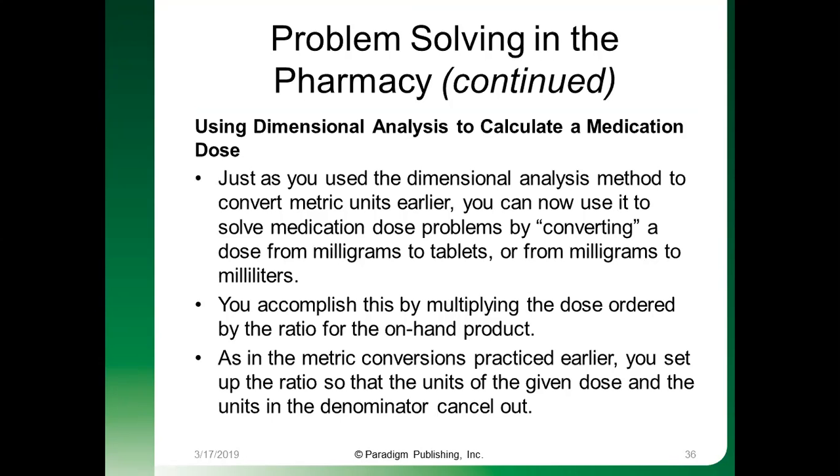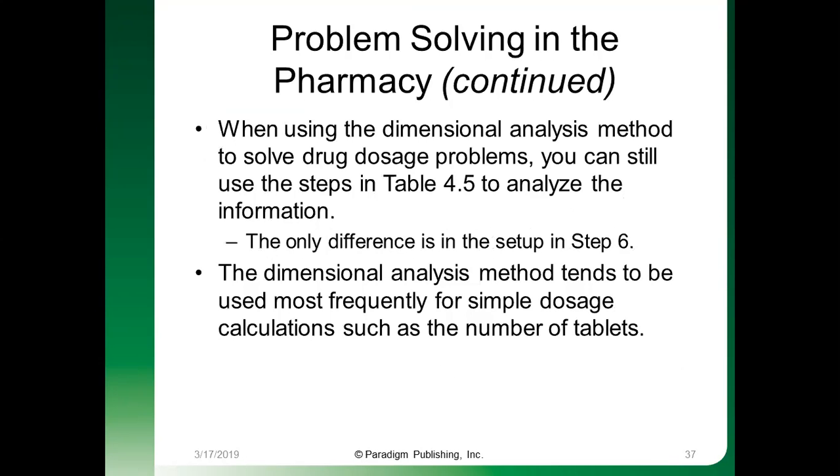As in the metric conversion practiced earlier, you set up the ratios so that the units of the given dose and the units in the denominator cancel out. When using the dimensional analysis method to solve drug dosage problems, you can still use the steps in Table 4.5 to analyze the information. The only difference is in the setup in Step 6. The dimensional analysis method tends to be used more frequently for simple dosage calculations such as number of tablets.